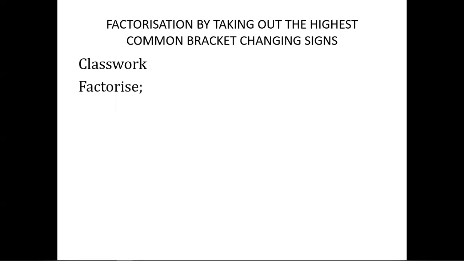Now, let us look at this first one here. You'll realize that these two brackets are pretty much similar. However, the second bracket is 2 minus x instead of it being x minus 2. So we need to do something with the second bracket by taking out a negative common factor.